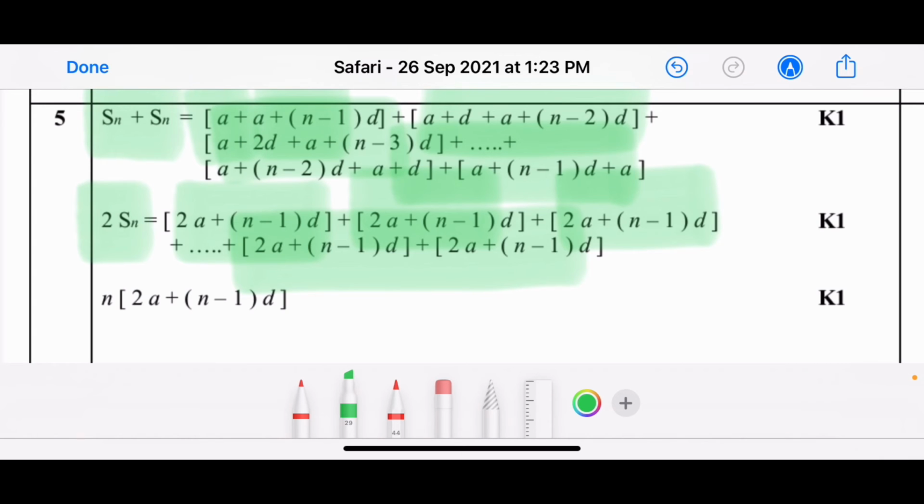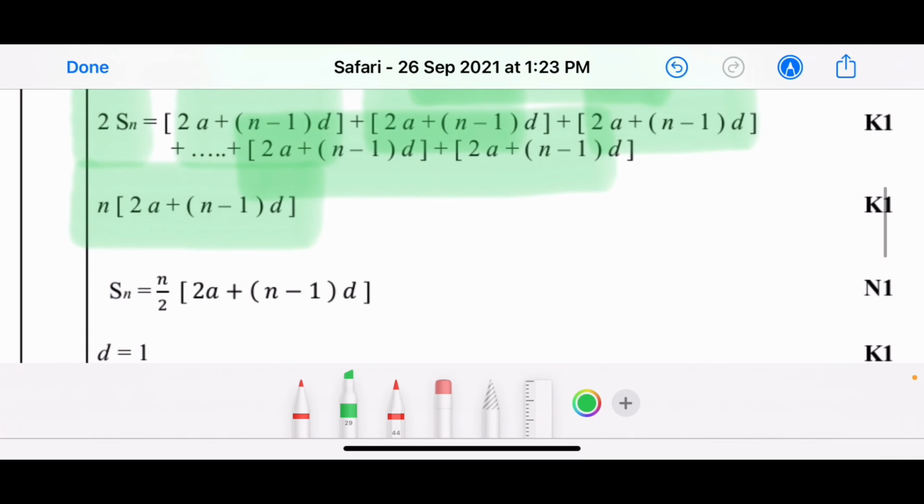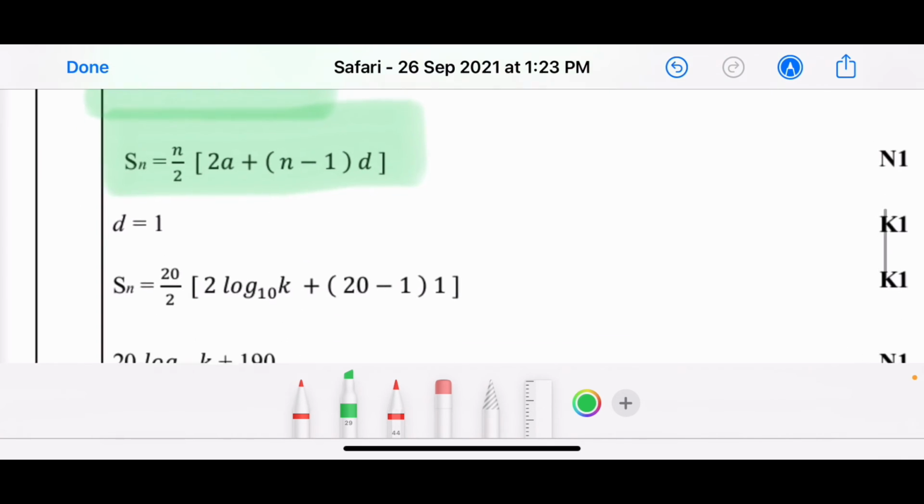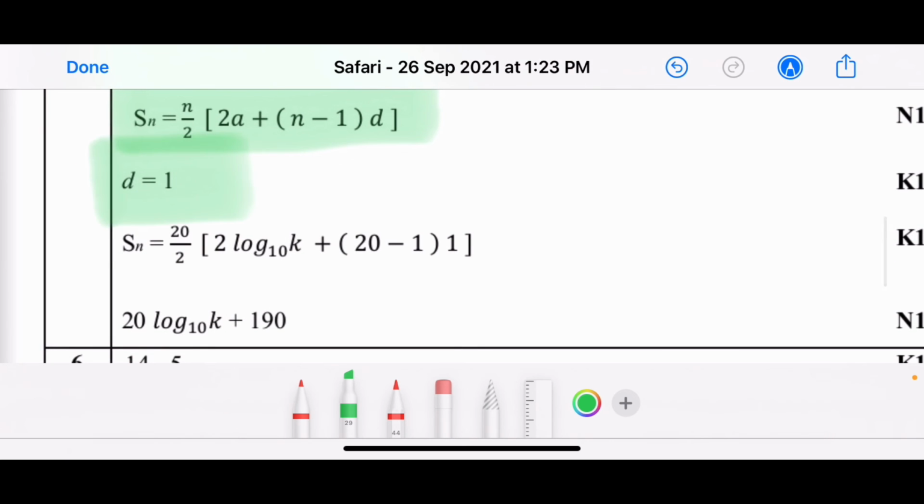If we want to find Sn alone, we need to divide by 2. So it becomes Sn equals n over 2 times 2a plus n minus 1d.